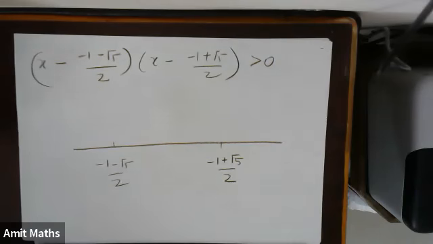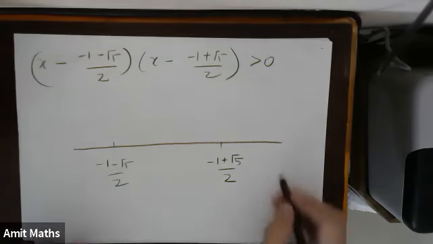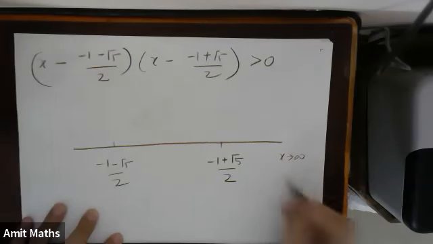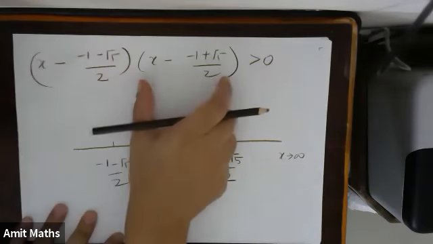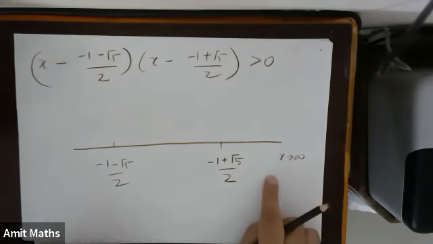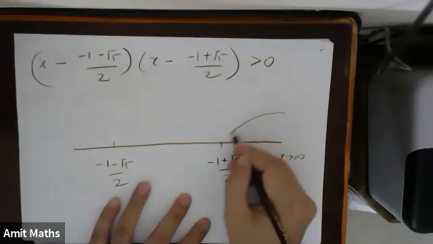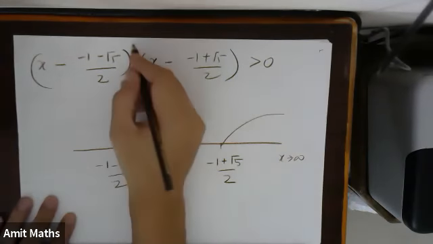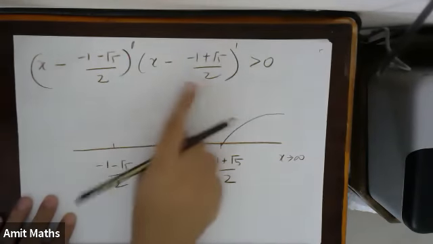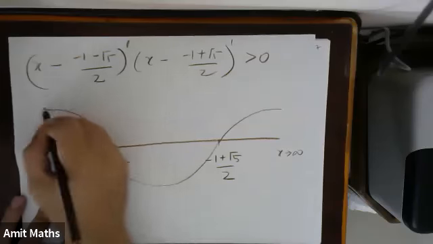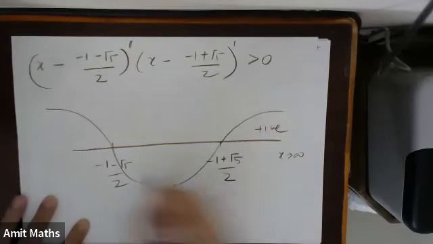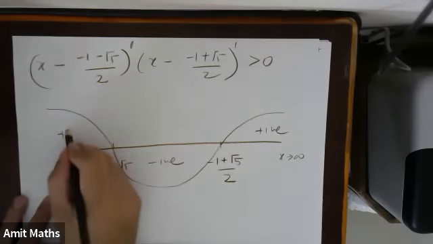Now what I'll do is take x tending to infinity. If x tends to infinity, both factors will be positive. The power of both the factors is odd, 1 and 1, so the sign changes at each root. So this will be positive, this will be negative, and this will be positive.